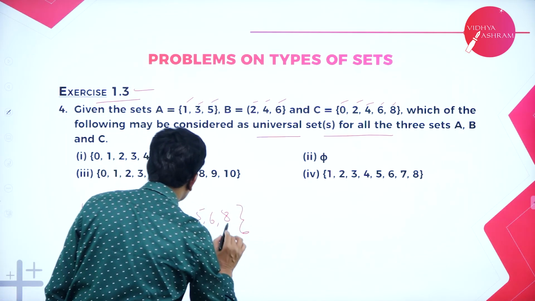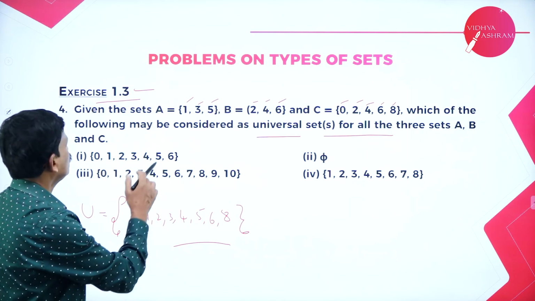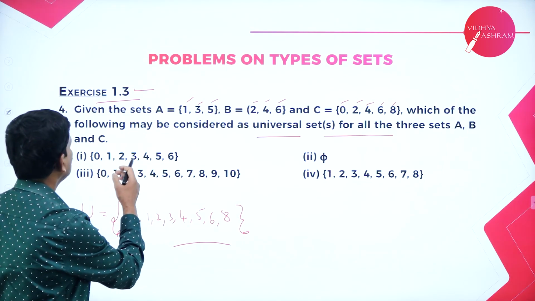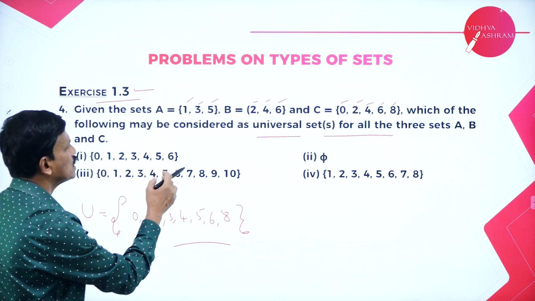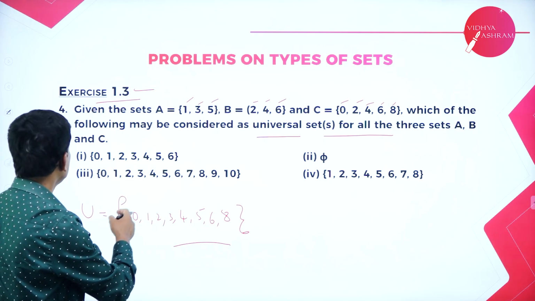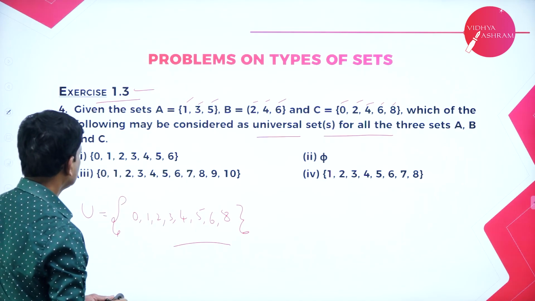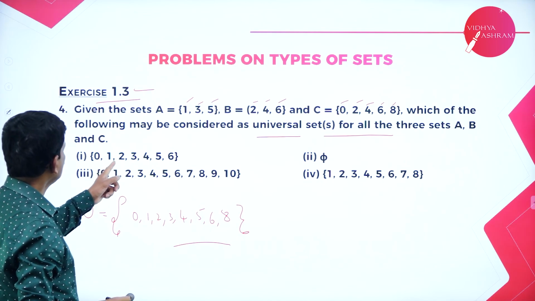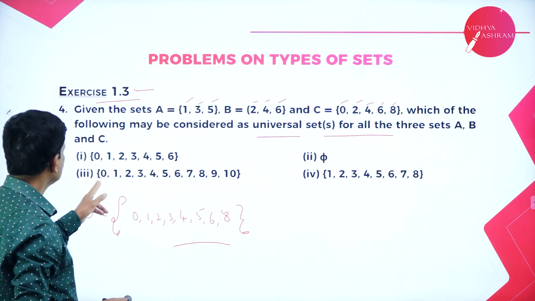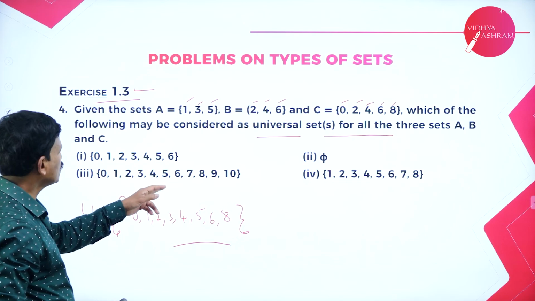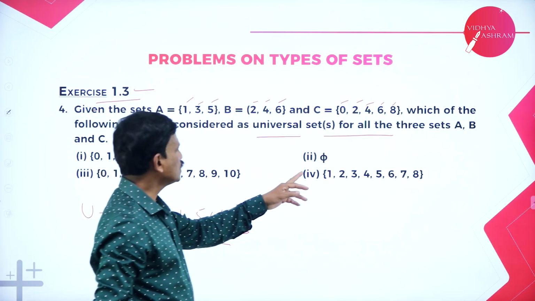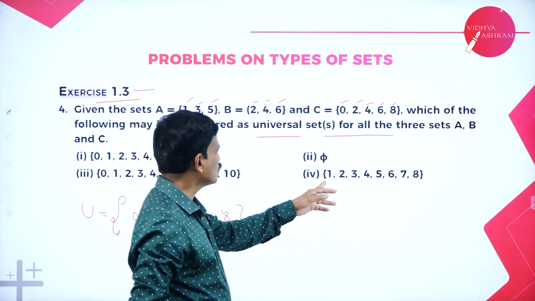Given 3 sets, which of the following may be considered as the universal set for all the 3 sets A, B and C? See here, this contains 0, 1, 2, 3, 4, 5, 6. Another contains 0, 1, 2, 3, 4, 5, 6, 7, 8, 9 and 10. This contains the null set and this contains 1 to 8.